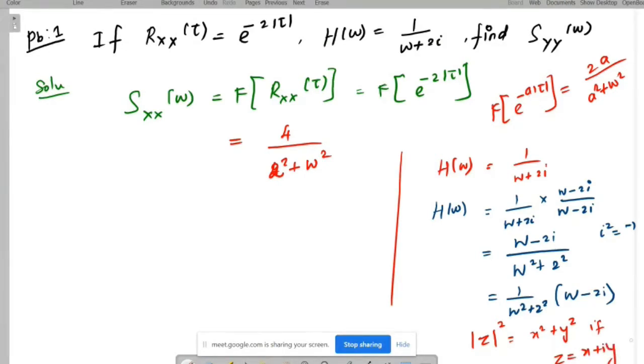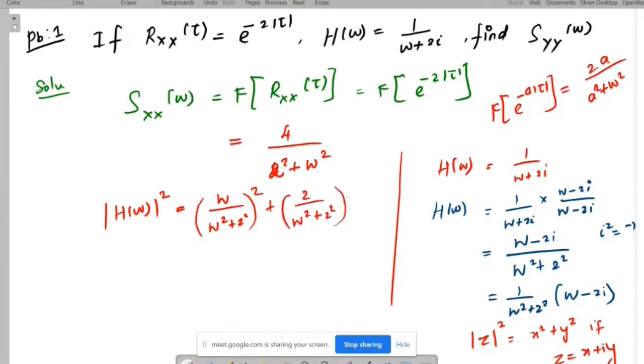So from that you may get modulus H of omega whole square equal to, you can take the constant outside the bracket, and simply take the remaining terms like this. You may get omega by omega square plus 2 square whole square plus 2 by omega square plus 2 square whole square.